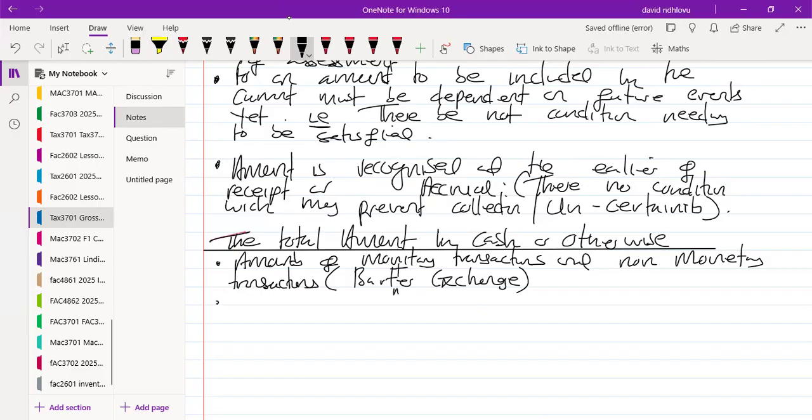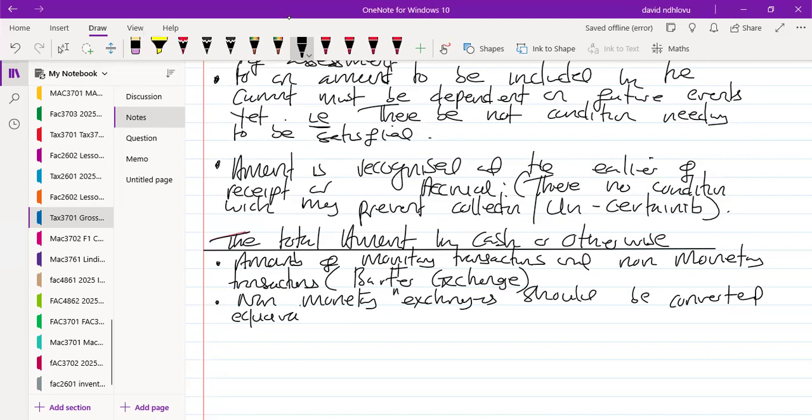When you do barter exchange, that is non-monetary, and exchanges should be converted into equivalent amounts in cash. So as long as the monetary amount can be established, then it will be included in the gross income.